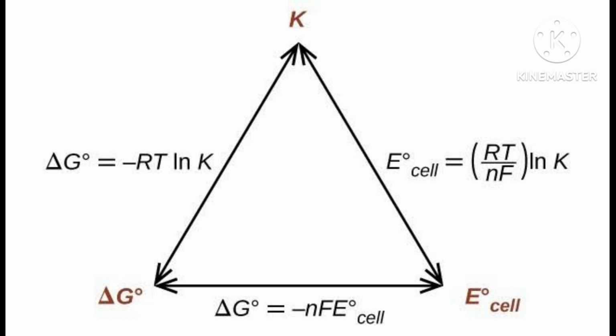Now put all the values: minus 2 into 1.1 into 96,487 coulomb per mole. This F value is in coulomb per mole. Then after multiplying, you will get delta G as minus 21,227 joule per mole. This is the unit.